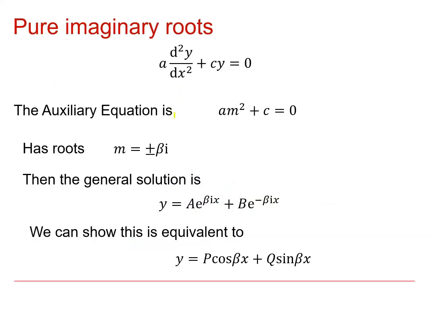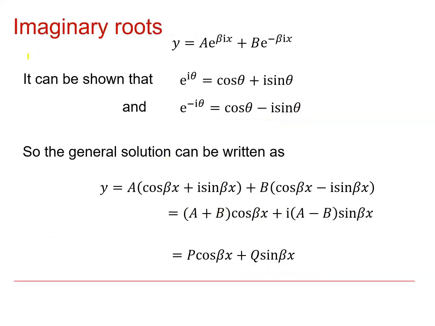There's that written up a little bit more neatly for you. There's my auxiliary equation and its roots. So we know that the general solution is this form, which is equivalent to this form here. Let's examine that last step in a bit more detail. If I'm starting from here, I know that these are my forms for e to the i theta and e to the minus i theta, and so the general solution can be written as a cos beta x plus i sine beta x from the first bit, and b cos beta x minus i sine beta x from the second bit.